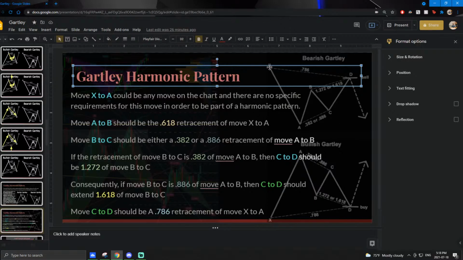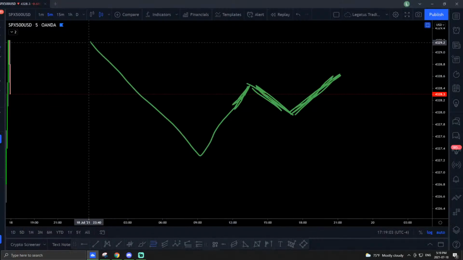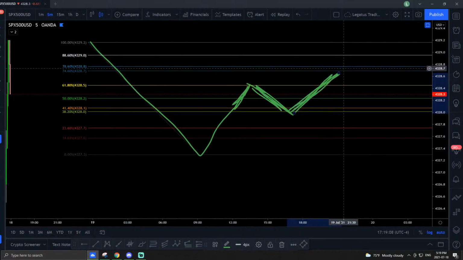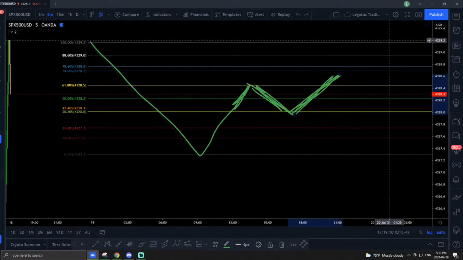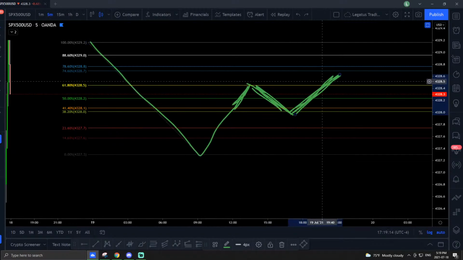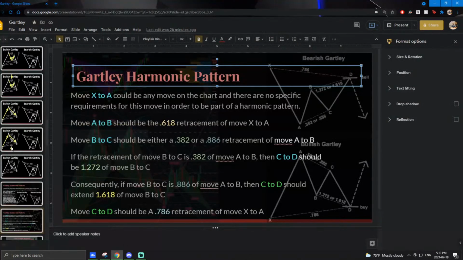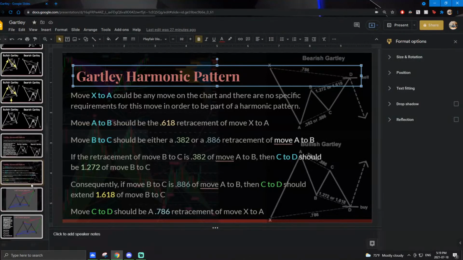That basically is just saying that from the X to A move, it should get to that 78.6 level to get to the D, just for some added confirmation. Usually you might see a little bit of change on that, and it might not be exactly precise with the 78.6, but it's more important that you're getting the D point at the 161 or the 120.